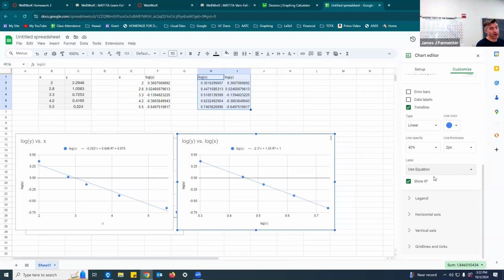So even though my independent variable is actually log of x, they are writing it as just x. So I know that my equation should actually be, I'm going to write it down and then I'll show it to you. Log of y equal to negative 2.3 times log of x, not x, plus 1.05.